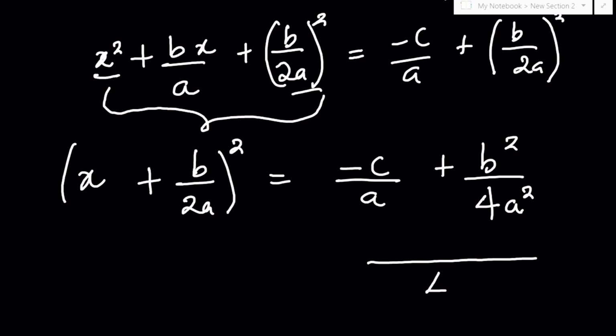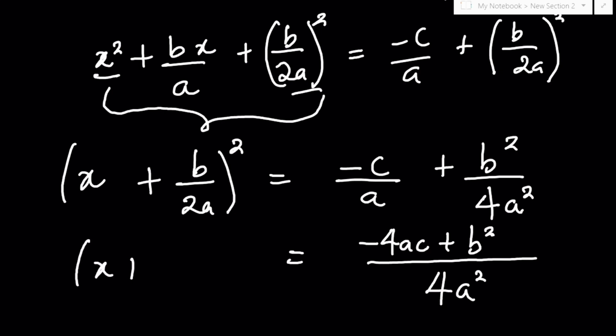The LCM will be 4a squared. Now 4a squared divided by a will be 4a left. So 4a times minus c will give me minus 4ac, plus 4a squared divided by 4a squared is just 1, and 1 times b squared is b squared. Remember, this is equal to x plus b over 2a raised to the power 2.